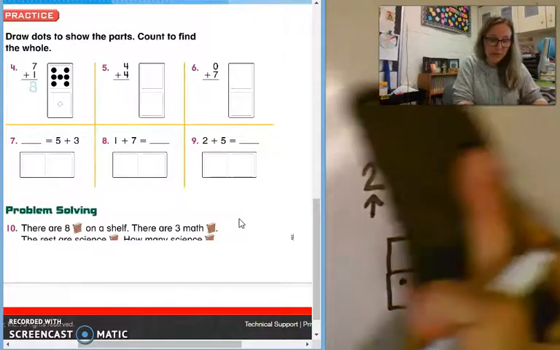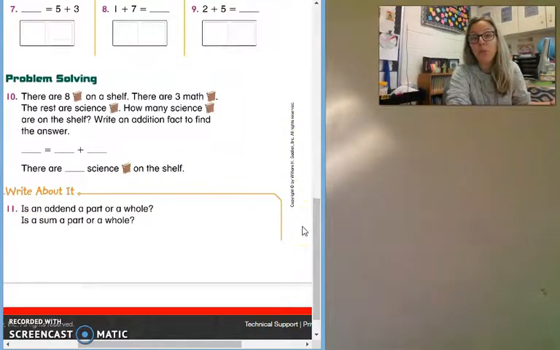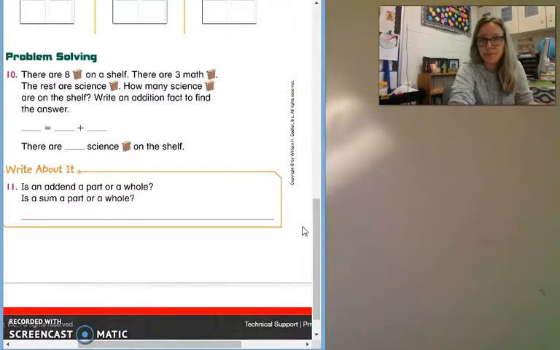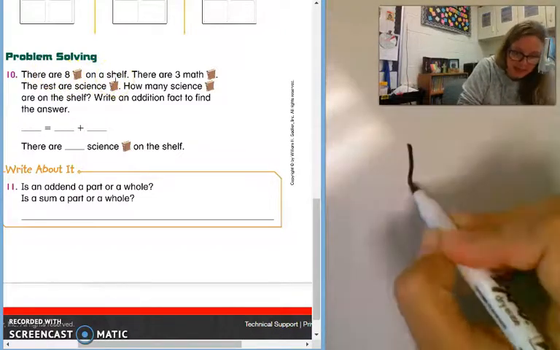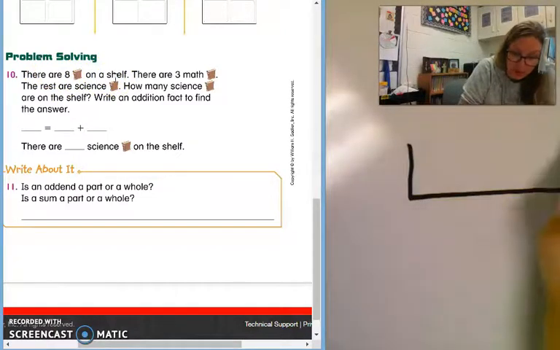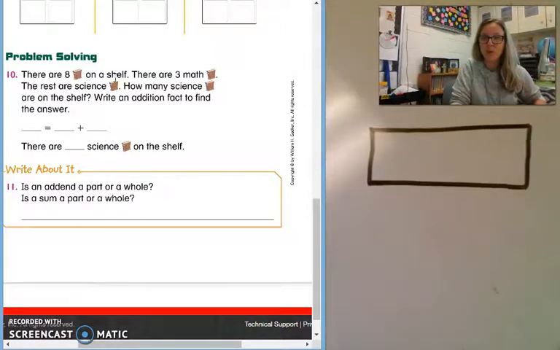Now we're going to go down to number 10, which is the first story problem, or word problem, on our page today. And this one says, there are 8 books on a shelf. So let's pretend that this is our bookshelf. This is our whole piece.